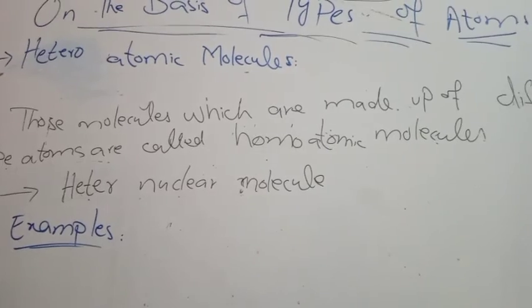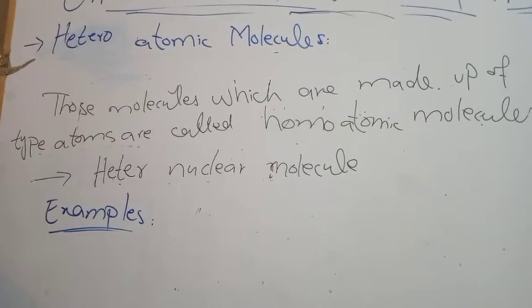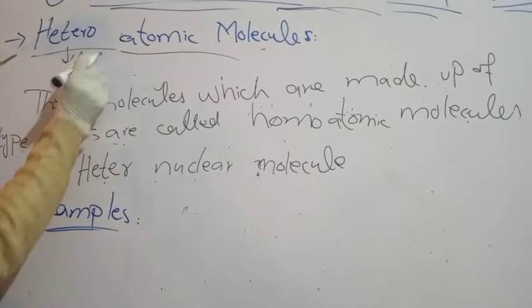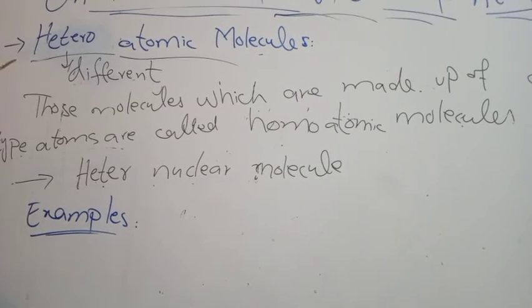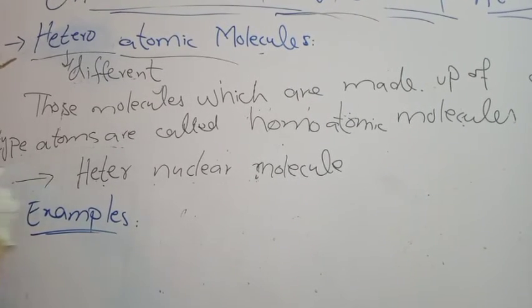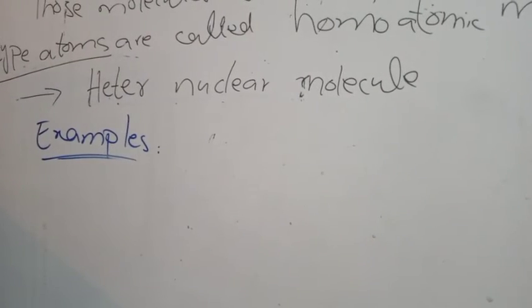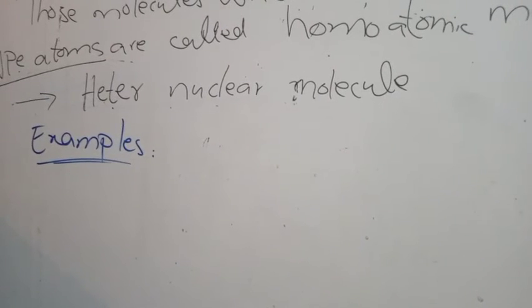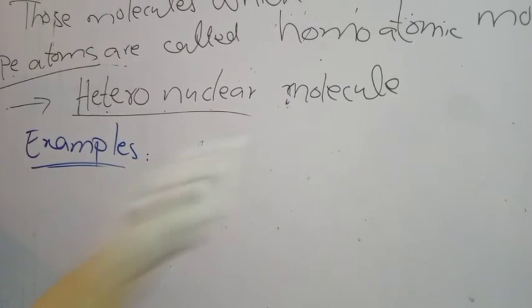Students, now I will discuss another type of molecules on the basis of types of atoms, and that is heteroatomic molecules. Hetero means different. So heteroatomic molecules are those which are made up of different types of atoms. They are also known as heteronuclear molecules.